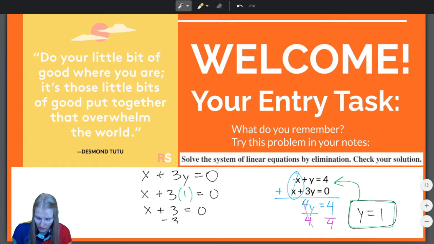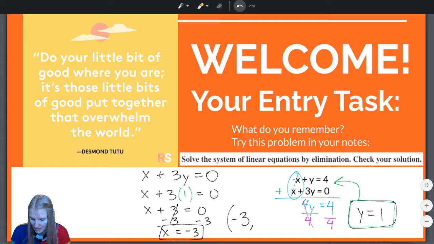And I need to subtract 3 on both sides, since the opposite of plus 3 is minus 3. And I'm left with x equals 0 minus 3, is negative 3. Ta-da! So my final answer is negative 3, 1.